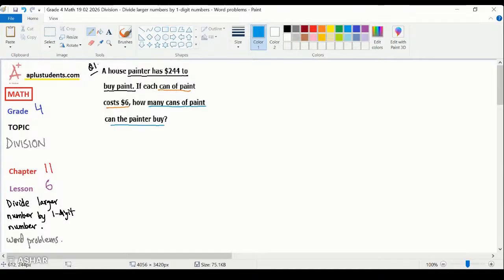If one can is $6, then he can buy multiple cans, right? So what we need to do is divide. 244 needs to be divided by 6.